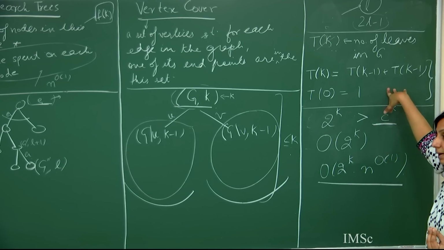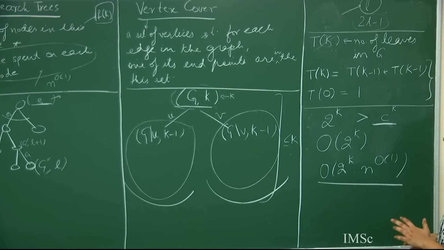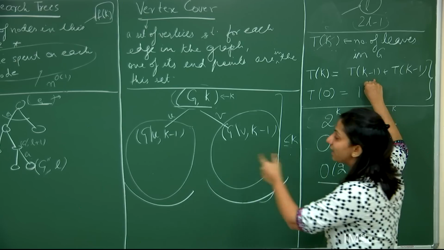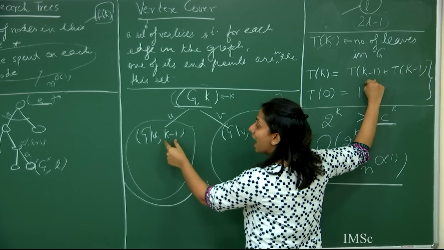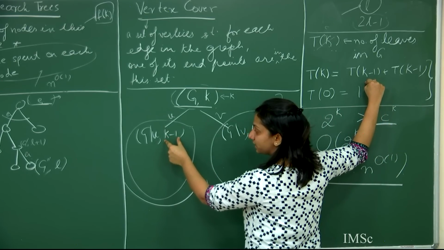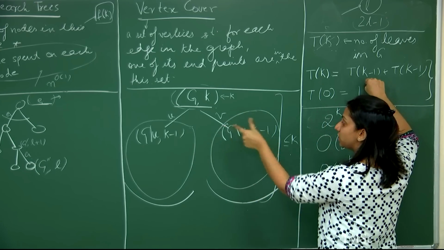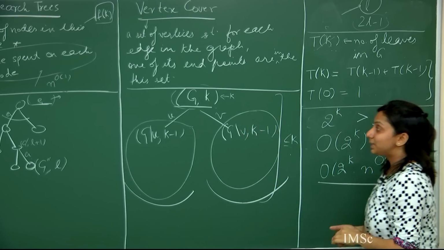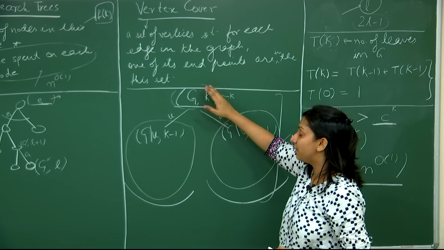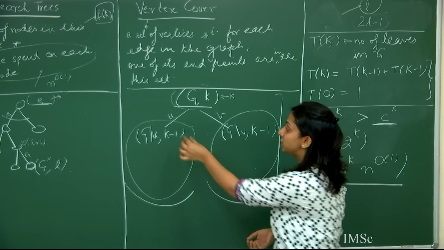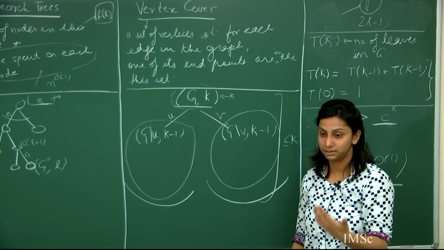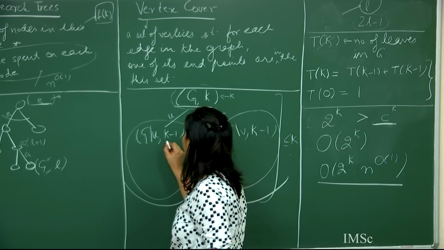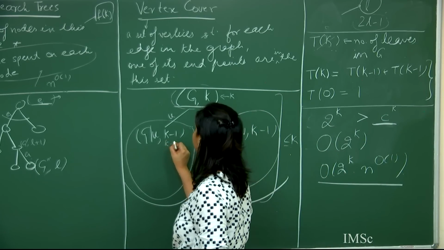And how can we write a better recurrence? See, where are these things coming from? They come from the fact that the measure of the instance you created here was k minus 1, and the measure of the instance you created here was also k minus 1, hence k minus 1 and k minus 1. But suppose, given this instance, I can reduce it to instances where the measure drops by strictly more, say I can make sure that this is something like k minus 2.